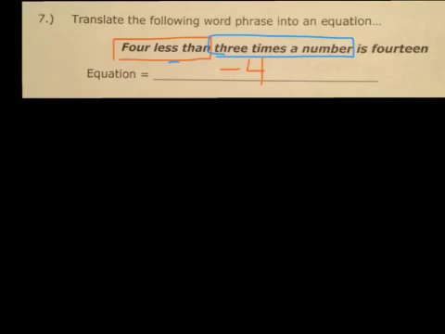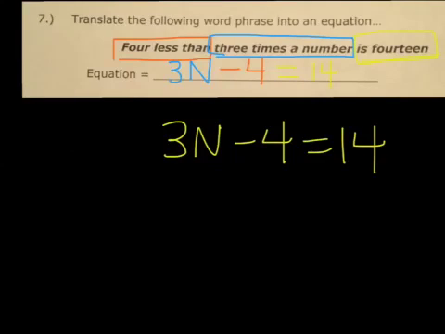Well, that just means 3 times n, because we don't know what number. But I'm not putting the sign, I'm not putting any symbol, I'm just putting them together super close. The last part of the sentence says is 14. Is translates to an equal sign, and then 14. So if you had this all together, 3n minus 4 equals 14. And you're done.